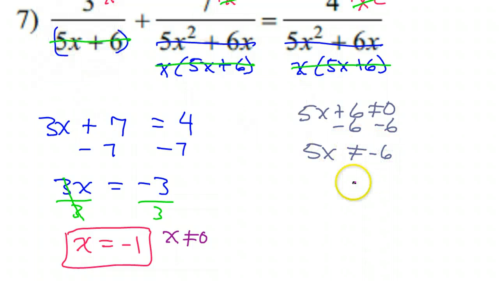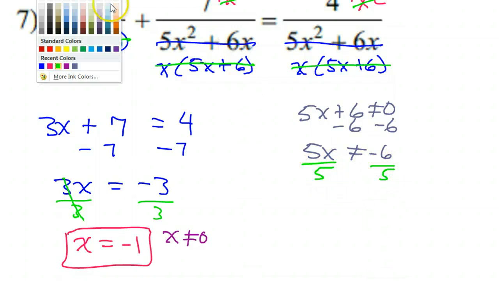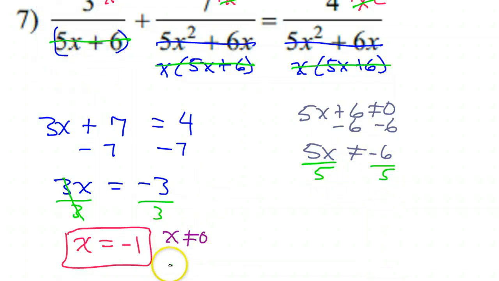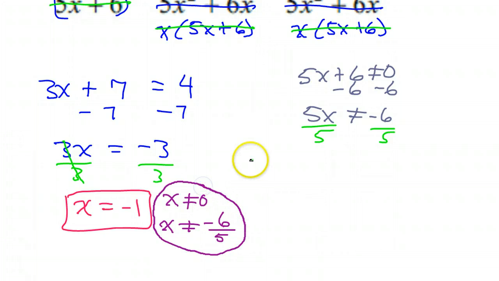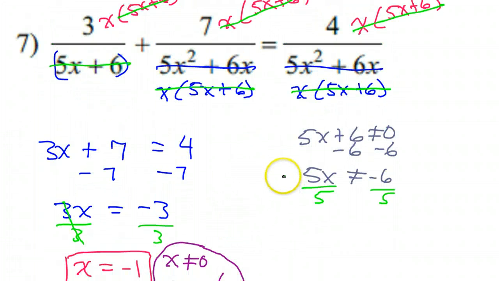And then dividing both sides by 5, that tells me that x cannot equal negative 6/5. All right, that was number 7.